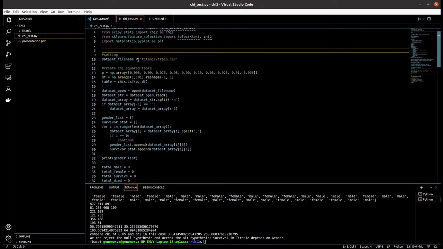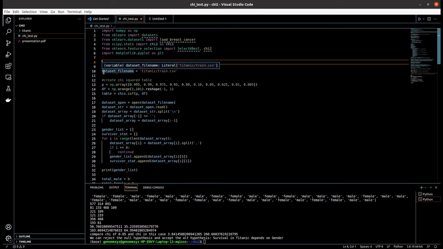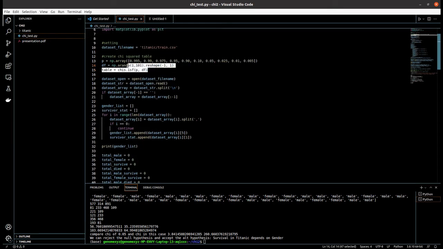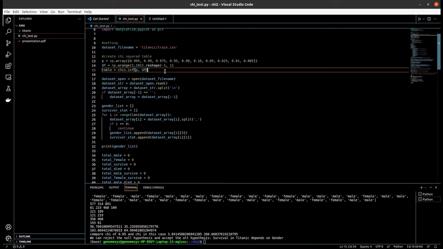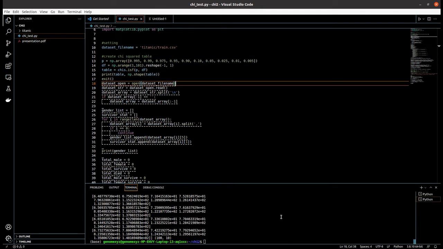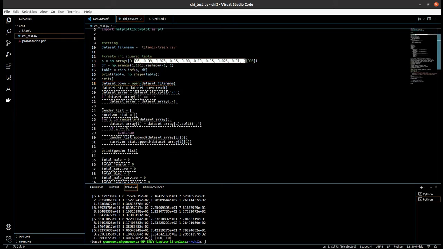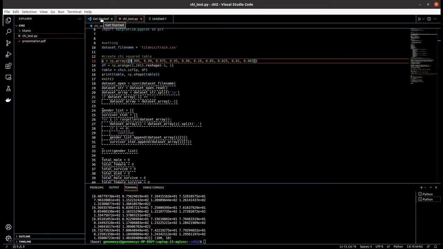Here I already wrote the script. The purpose of this table is to convert from p-value to the chi-square value. This table has a shape of 100 times 10. The columns are for the alpha value that we already defined.